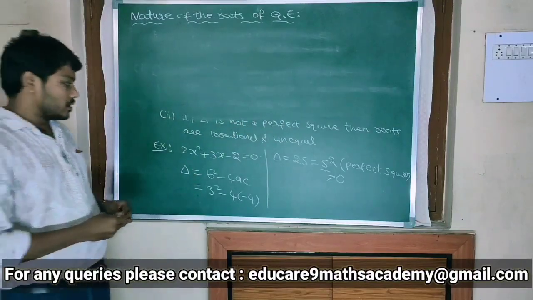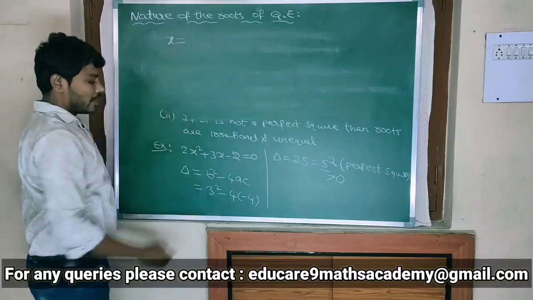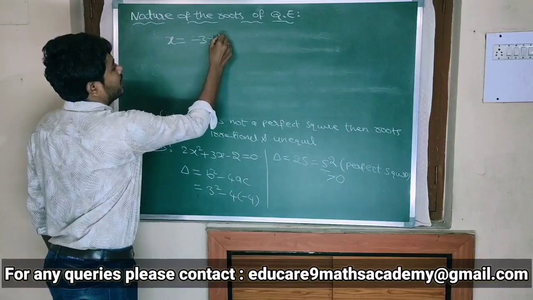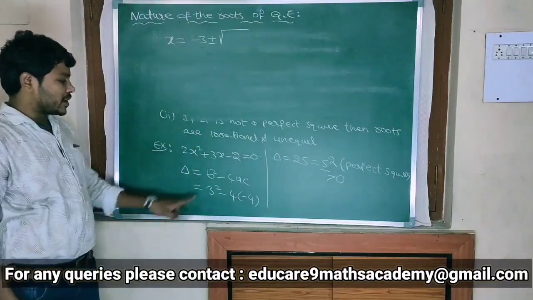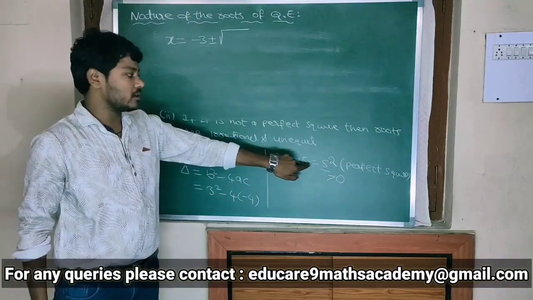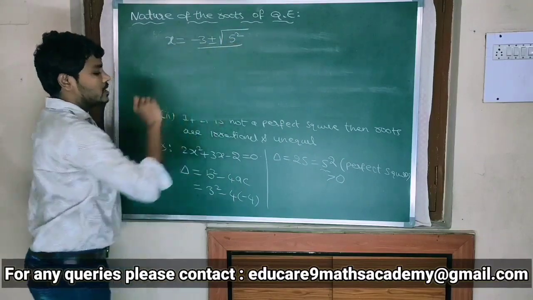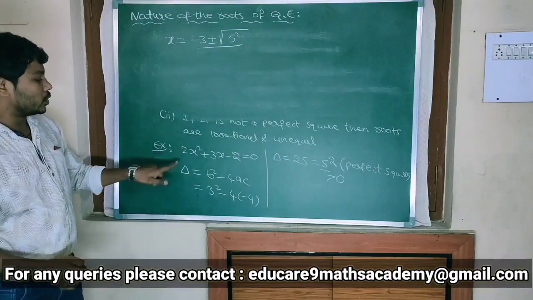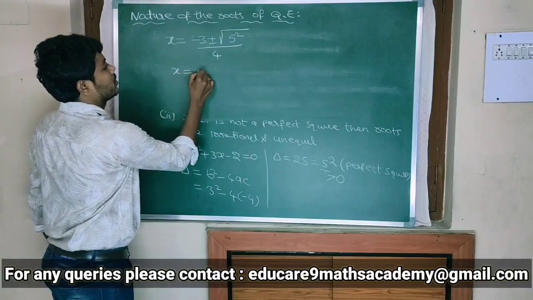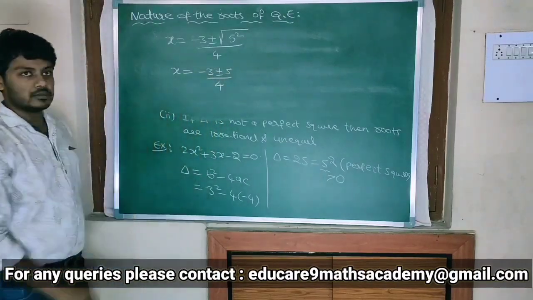So find the roots of this equation. That is x is equal to minus b, so minus 3 plus or minus under root of b square minus 4ac. What we got is 25, that is 5 square, divided by 2 into 2, we get 4. Now x is equal to minus 3 plus or minus 5 by 4.